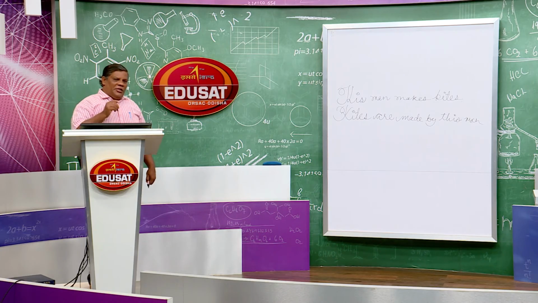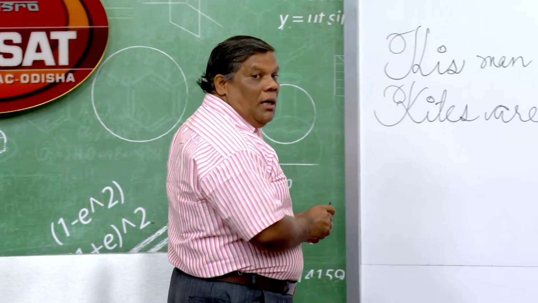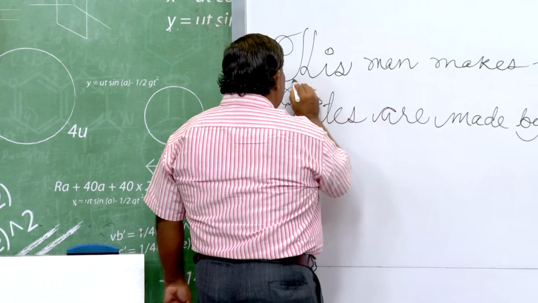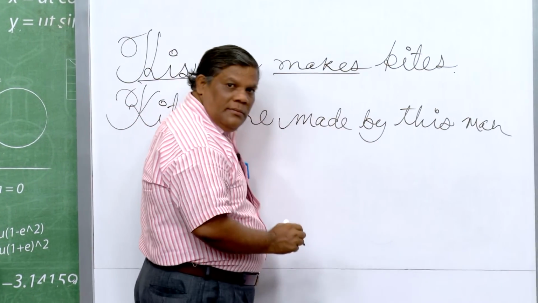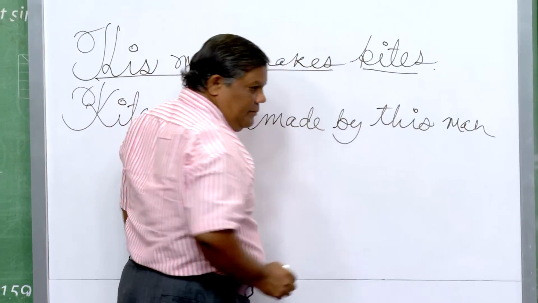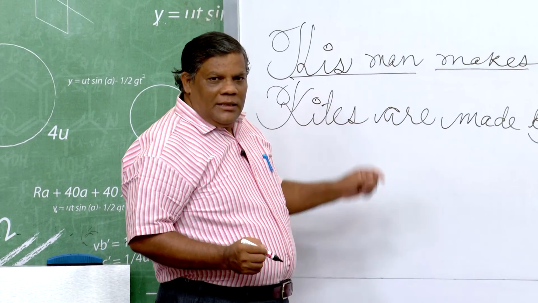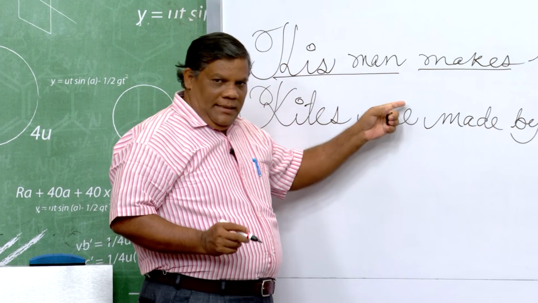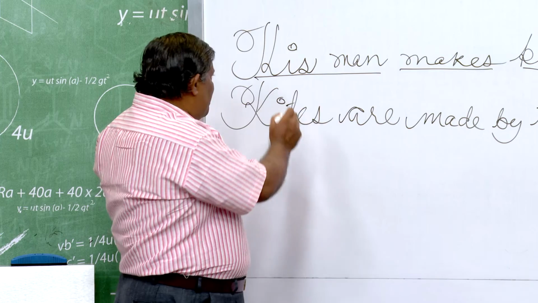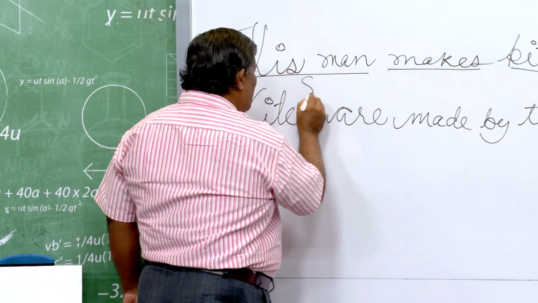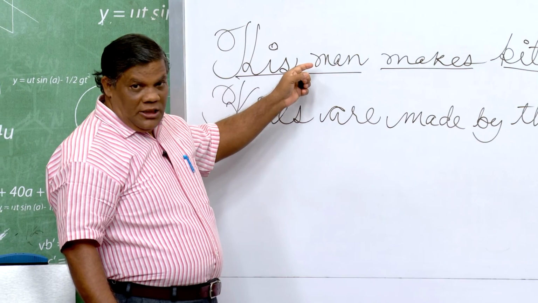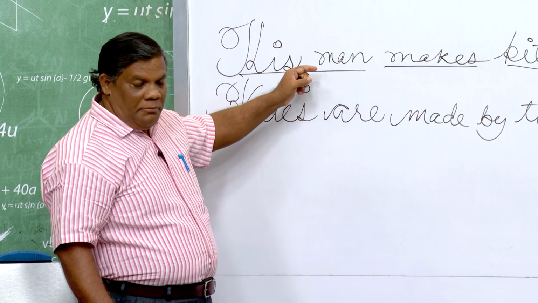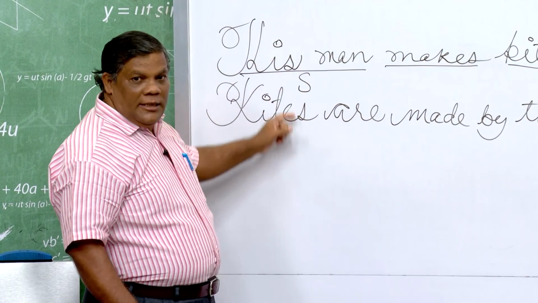And you see, now study the sentences again. The sentence has three parts. This is one part, this is another part, and this is also another part. There are three major parts here, and the first part happens to be the subject. This is the first part, the first word in the sentence.